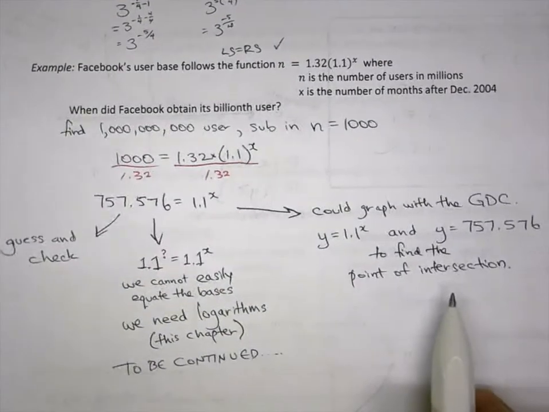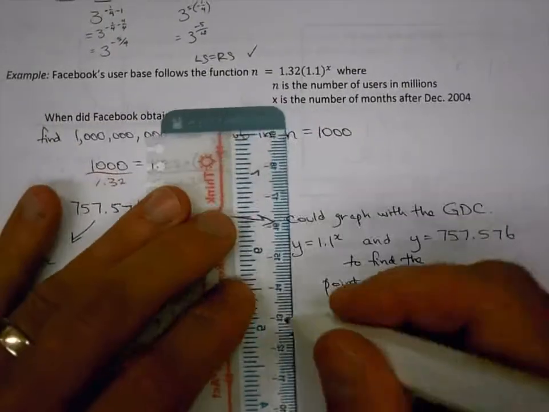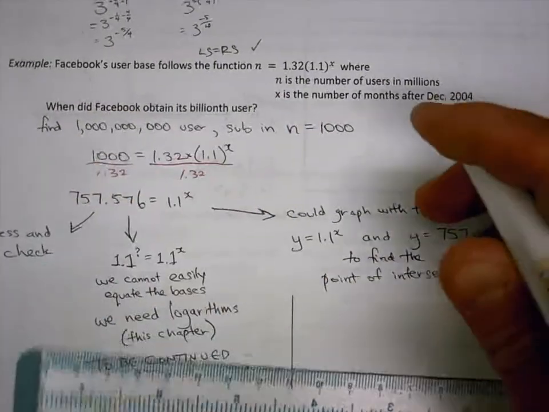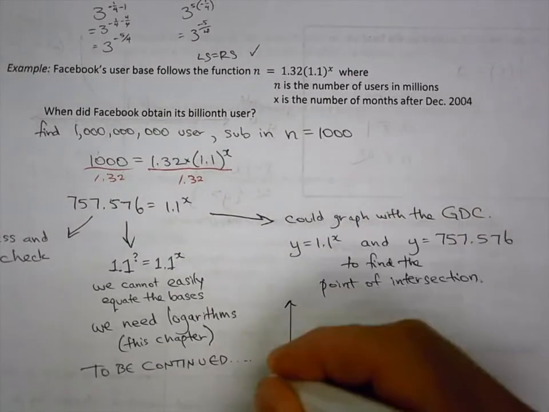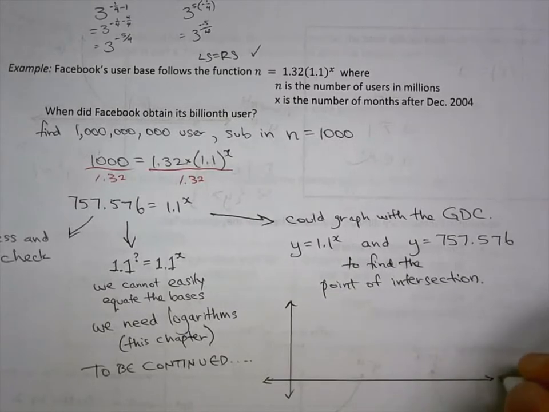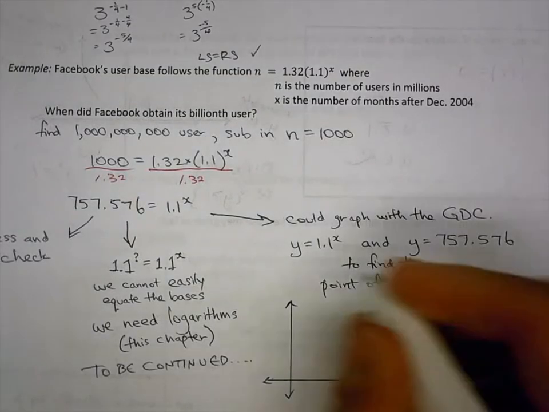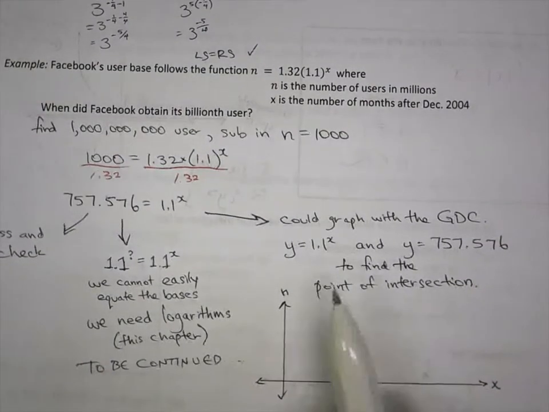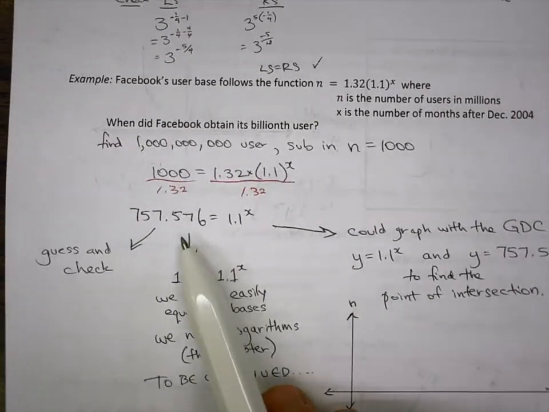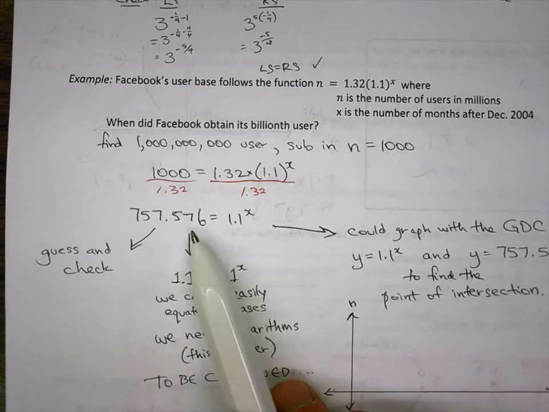If you think about this, here I'll do a quick sketch first. If you think about this in terms of being two graphs, think about solving a linear system of equations.